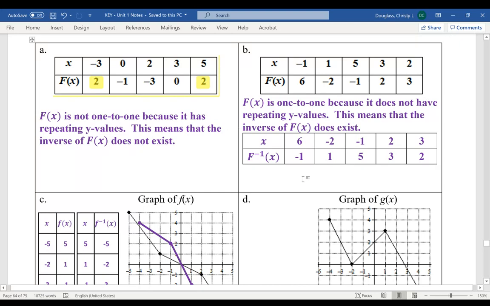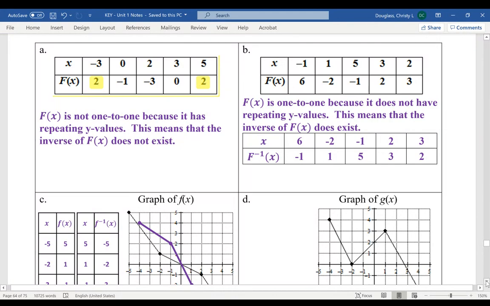So we can make a table of values for the inverse, f inverse of x. Notice I've simply switched the domain and range quantities, and this is my new function, which is the inverse of f of x, denoted with a little exponent of -1, and that is how we indicate inverse in function notation.